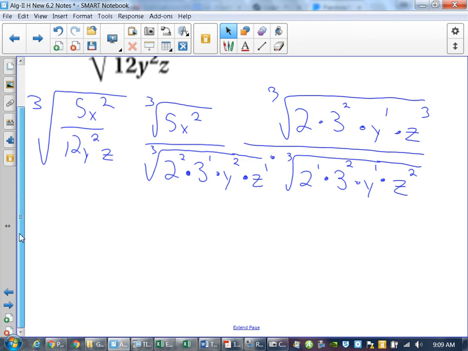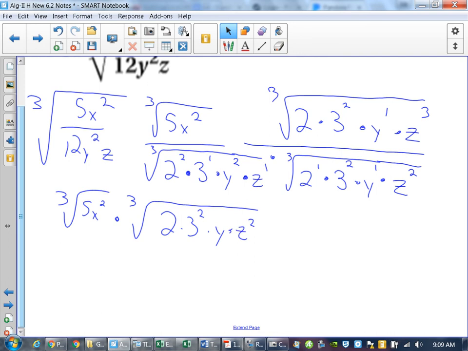Okay, so what happens then, kind of ran out of space here. I have this numerator now of the cube root of 5x squared times the cube root of 2, 3 squared, y, and z. I'm sorry, that's supposed to be z squared. That's my numerator.